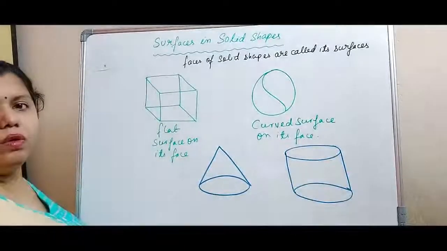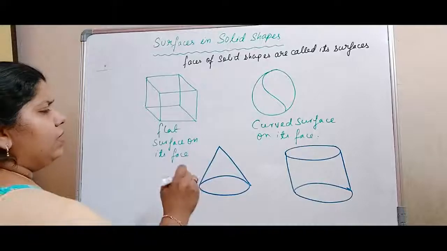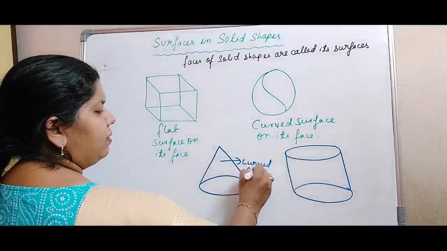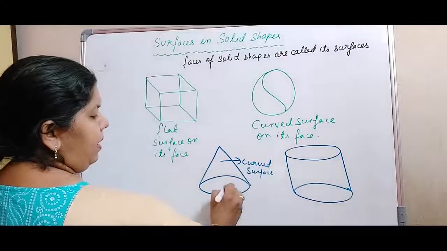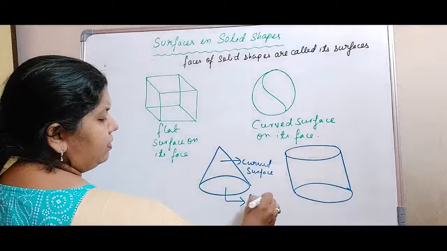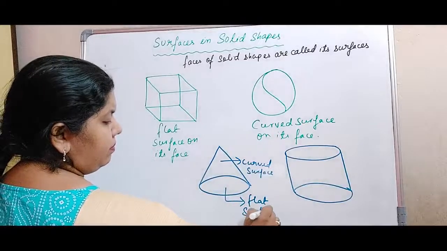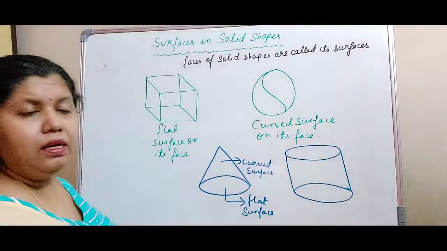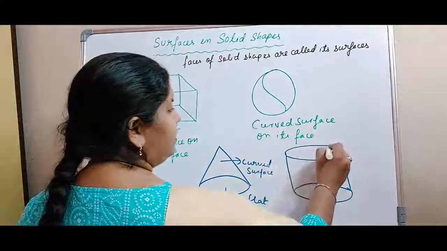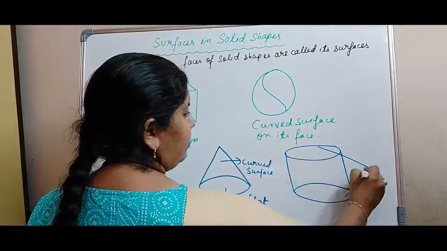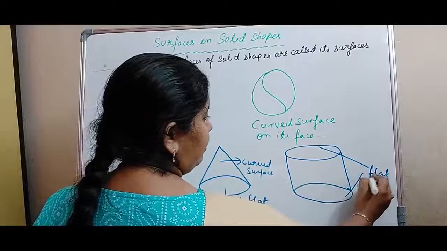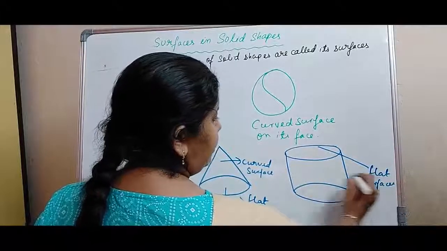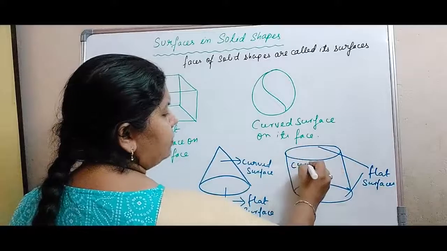If we look at a cone, it has a curved surface and this is a flat surface. Similarly, a cylinder has two flat surfaces, and the middle portion is a curved surface.